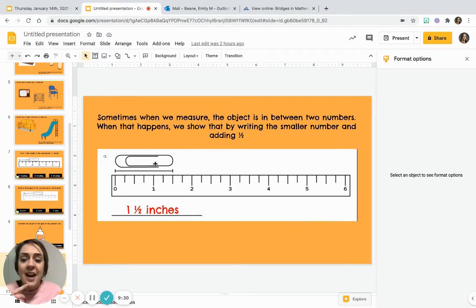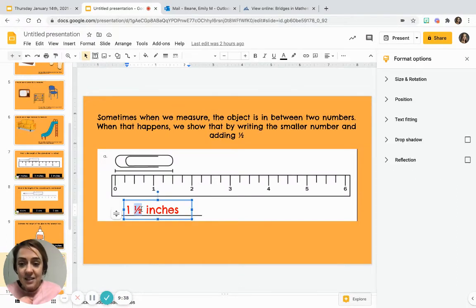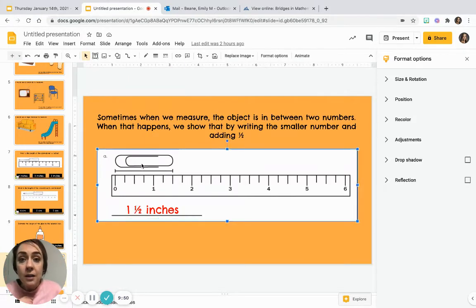So when that happens, we call it a half, or it's halfway between 1 and 2. And you write that like this, the little 1 slash and the little 2. So it's gone past the 1, so I know that I have at least 1 inch, and then I add that half. So this would be 1.5 inches.